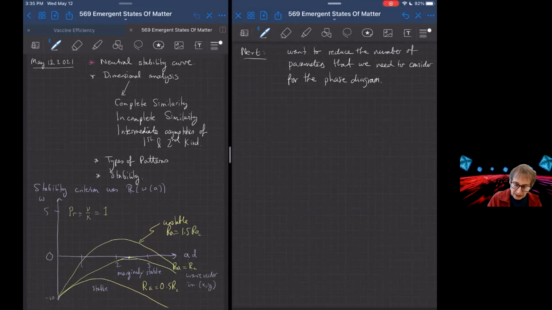Okay, so we're going to do that, and I want to start off by mentioning the Boussinesq approximation that we're making.